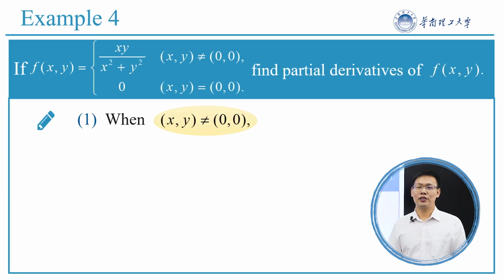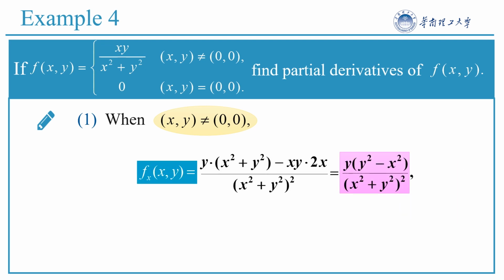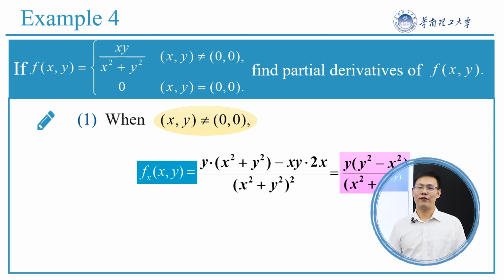When xy is not equal to 0, 0, by the derivation rules for compound function and the quotient of functions, we obtain the partial derivative of f with respect to x equals the partial derivative of numerator y times denominator minus numerator xy times the partial derivative of denominator 2x over square of denominator.